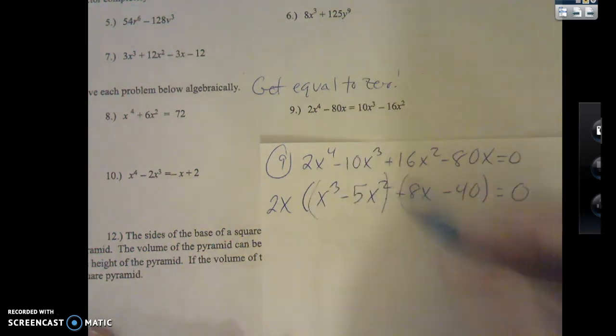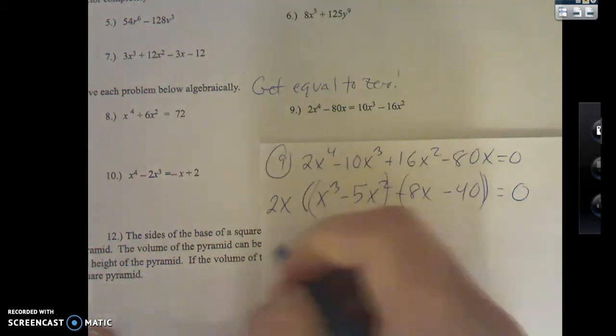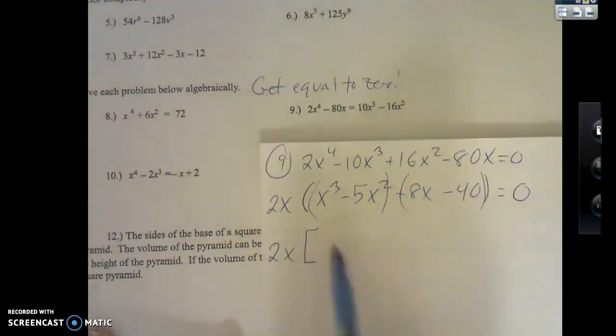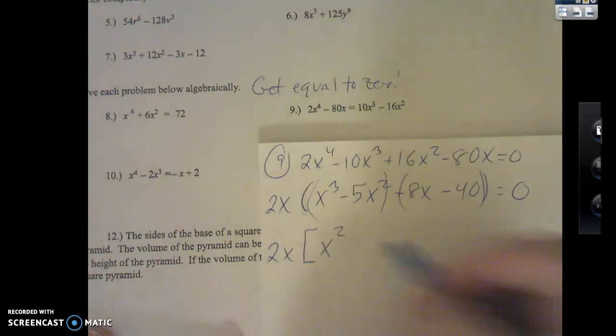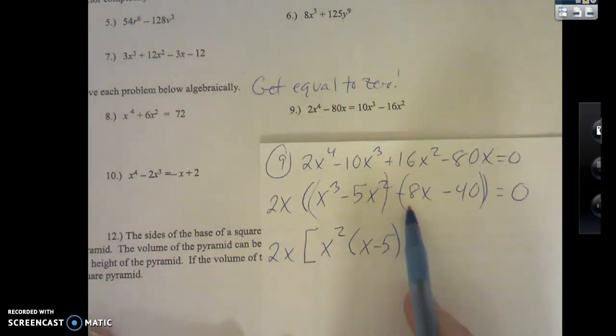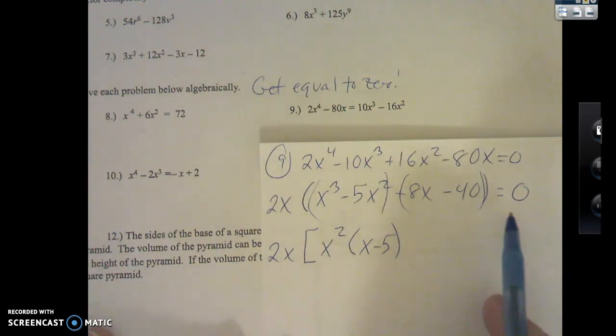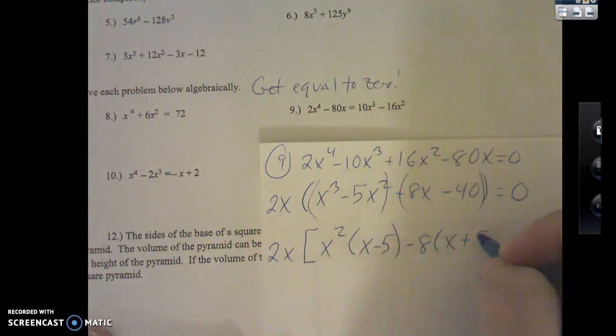And now I do my factor by grouping. So the 2x is still just chilling out front. What can I pull out of x cubed minus 5x squared? Well, I can take out an x squared. And then I'm left with x minus 5. What can I pull out of 8x minus 40? Well, I can pull out a 8, which leaves me with x minus 5.